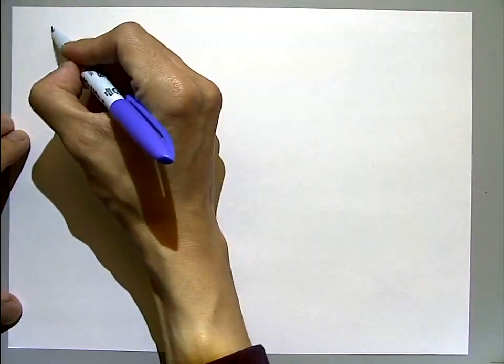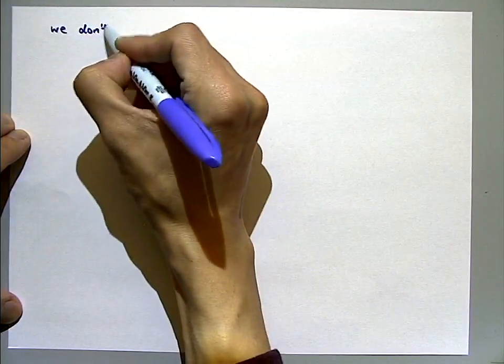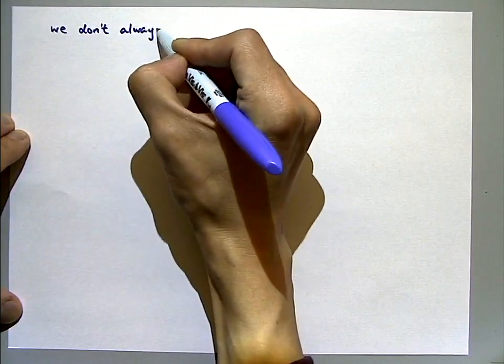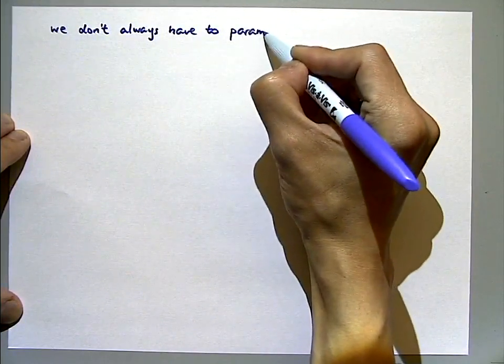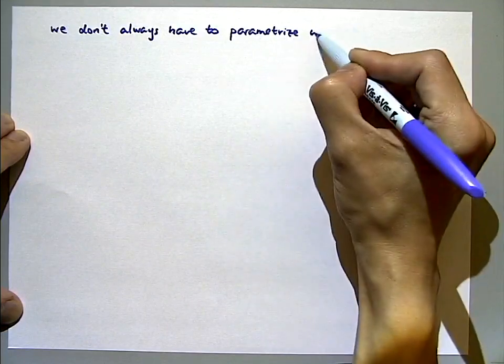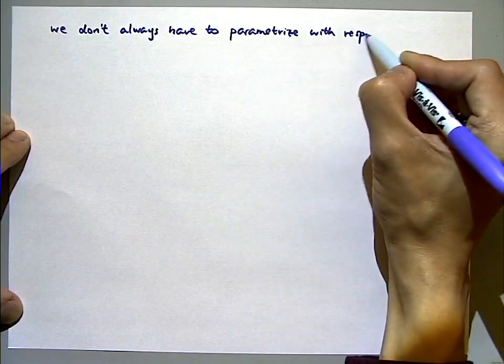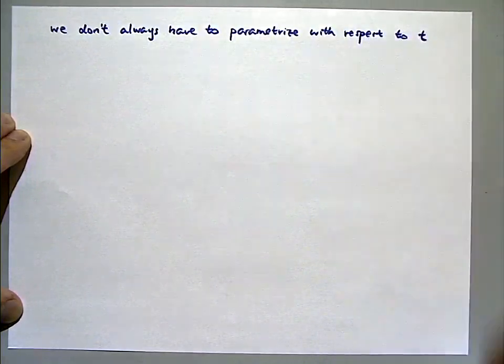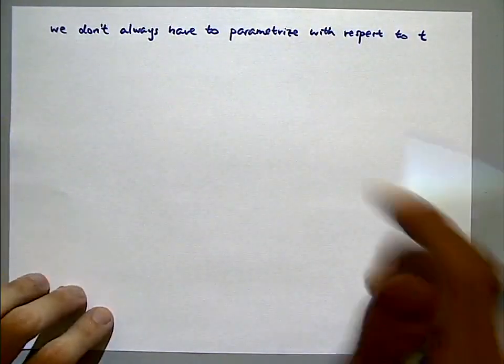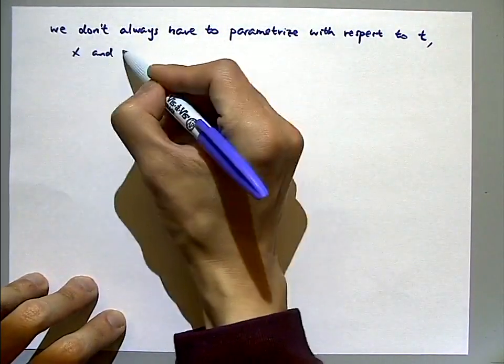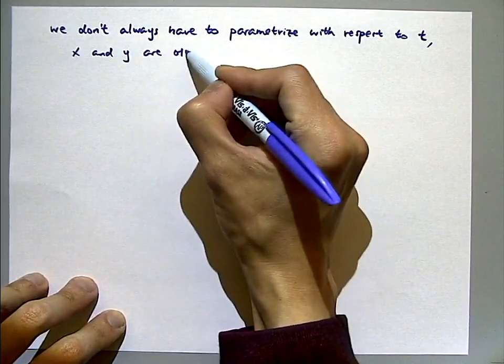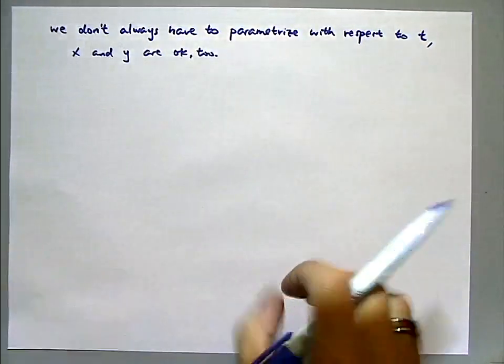Okay, so like I was saying, we don't always have to parameterize with respect to t. We could use x and y.